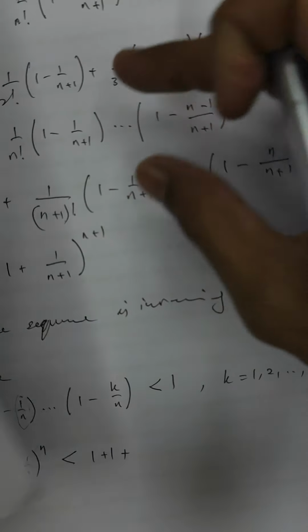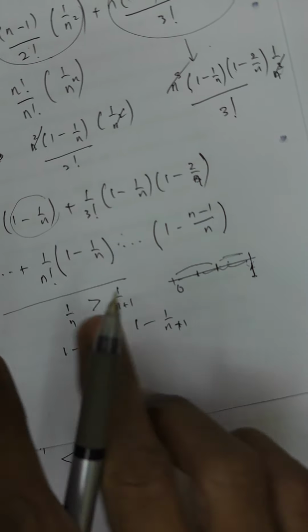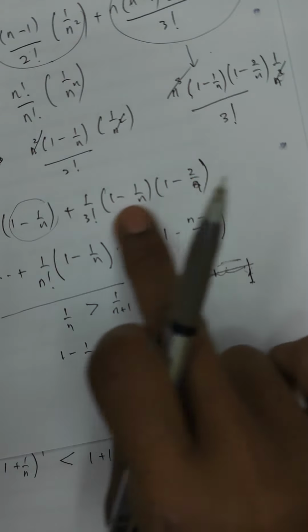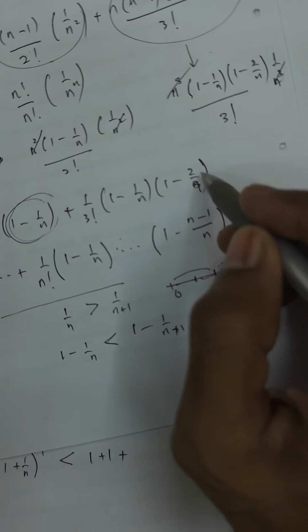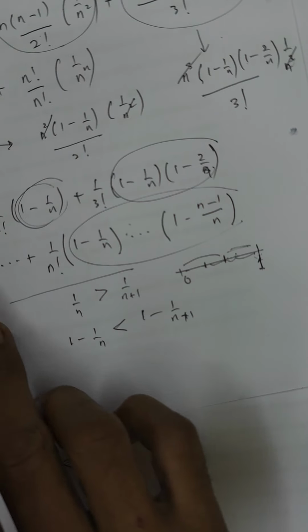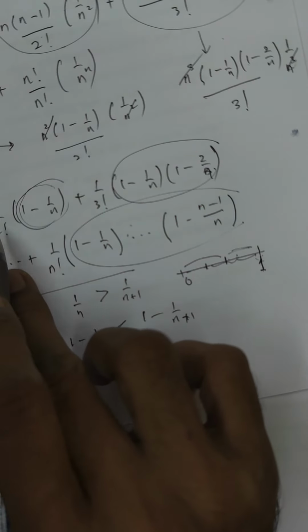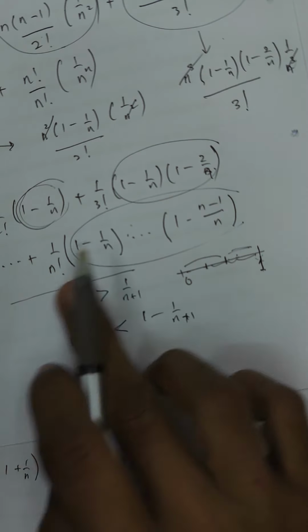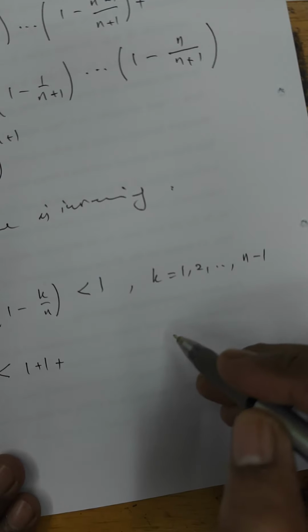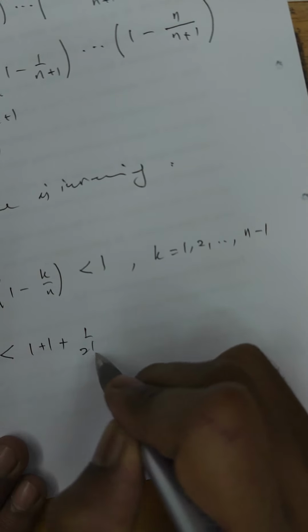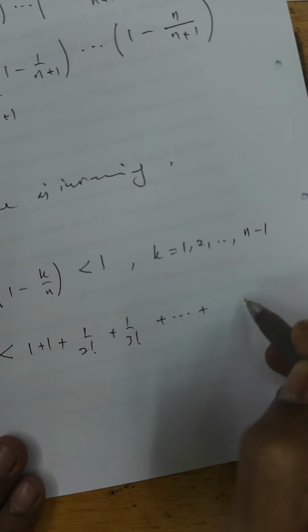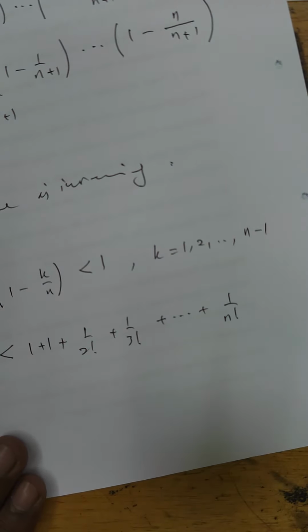For n, everything inside is less than 1. So basically you have less than 1 plus 1 over 2 factorial plus 1 over 3 factorial and so on, up to 1 over n factorial.